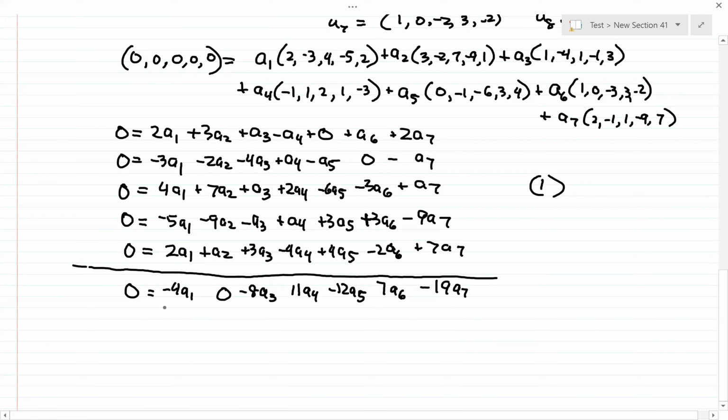Added to this would just give us a1 for the second equation. 2 times this and add it would give us 0. 6 minus 4 would be 2. 2 times this would be minus 8, added to this would be minus 7. 2 times this would be 8, and added to this would just be 7.